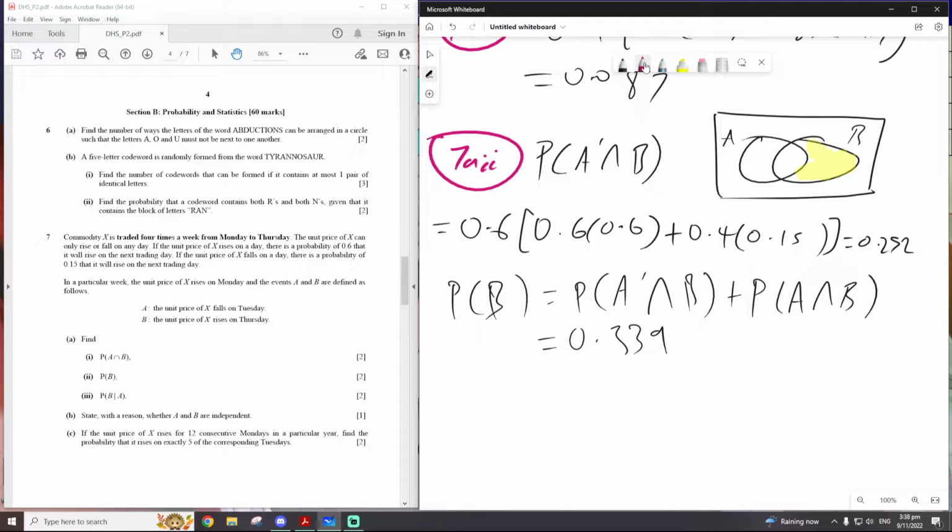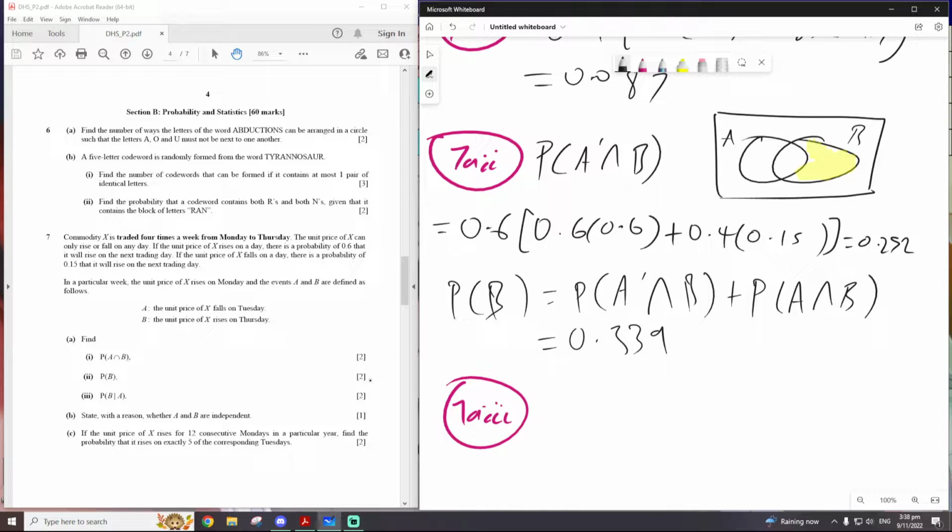And finally, the probability of B given event A. Now we need to find P(B intersect A), which is the same as P(A intersect B), divided by P(A). So what is P(A)? Well, it's 0.4, right?